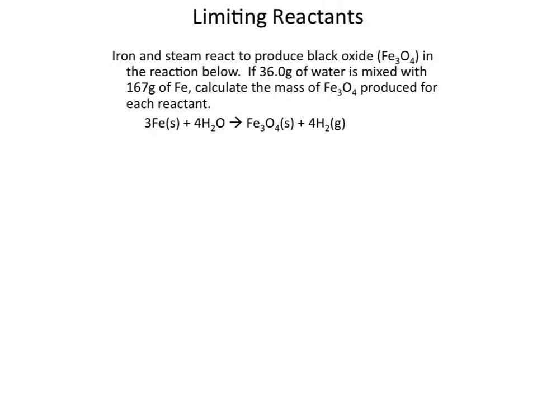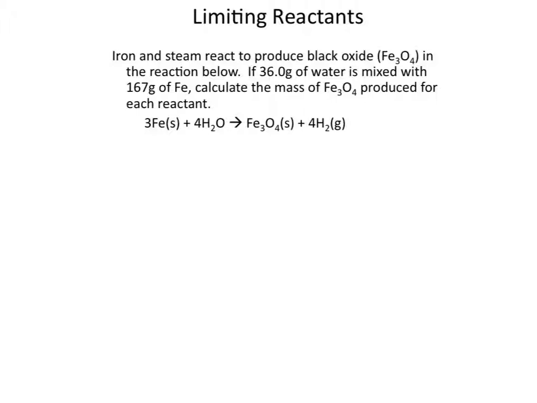In order to do that, we need to calculate the mass for each. Do you remember, if we're going to do a gram-to-gram stoichiometric problem, we need to take the balanced reaction and do the mole-to-mole ratio. Since this is already a balanced problem, we're just going to do our calculations.